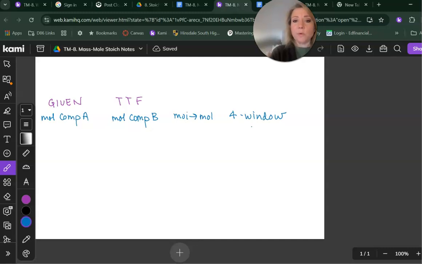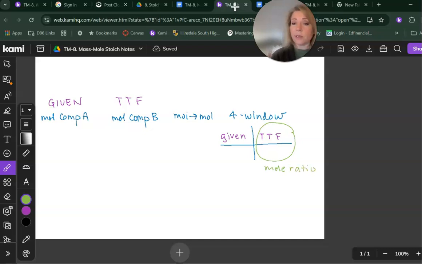And with those 4 windows, you put your given in the upper left, always. You put what you're trying to find in the upper right, always. And you need to remember that this section here is the mole ratio.